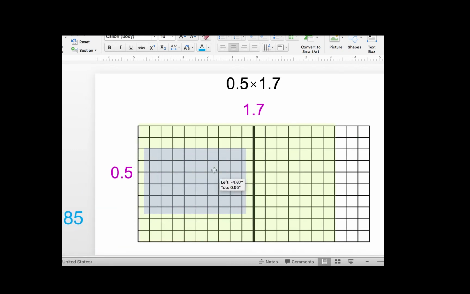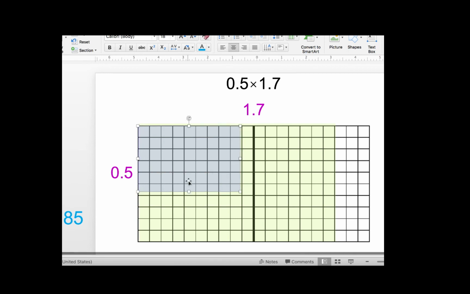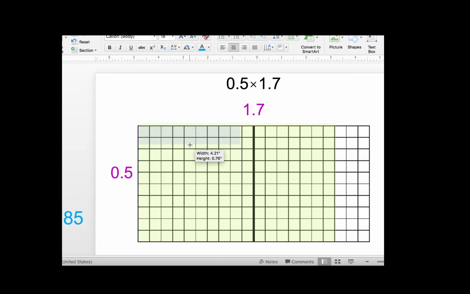So that means I'm going to have 5 rods or 5 place values. So I have 1, 2, 3, 4, 5. But remember, we had to fill in the rest of the area across. So the double shaded area that is both colors is going to be my solution.